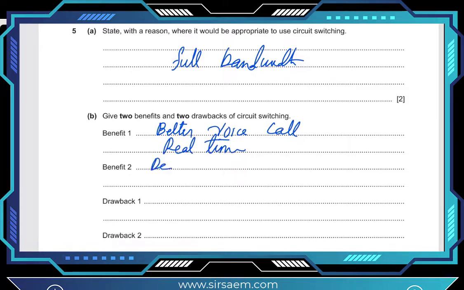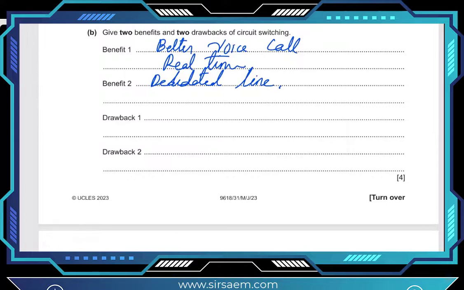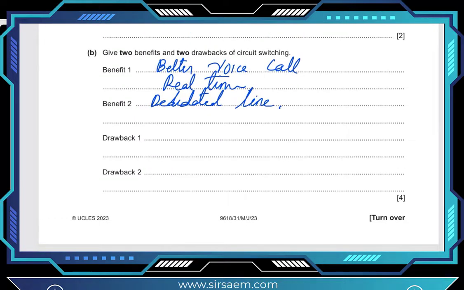We get a dedicated line, and we can buy it for that particular reason. A drawback would be that there could be a time delay, which is the latency delay as well.